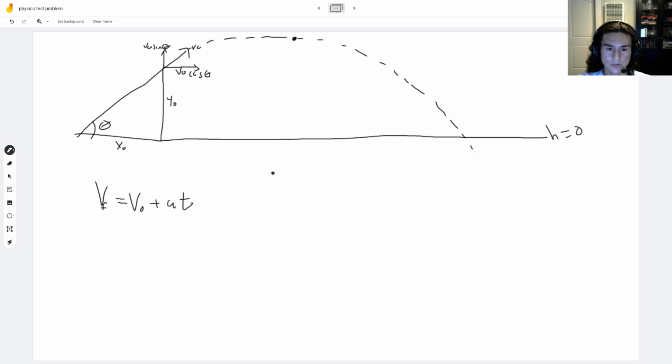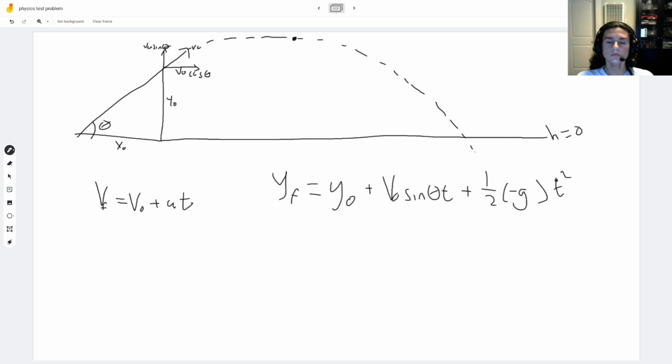So I'll say y final, I'll just put an f, yf equals, we have our y initial plus initial velocity, which is going to be v naught sine theta t, and of course we have gravity, so plus 1/2 negative g t squared, just to make sure. So basically now, we know what our final velocity is going to be at this top point, which is 0.